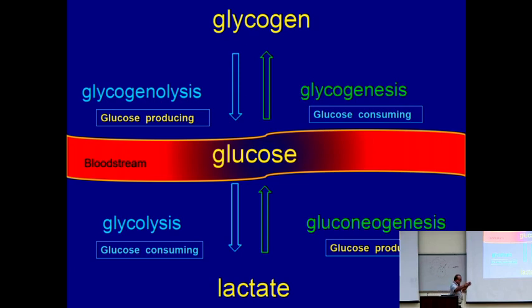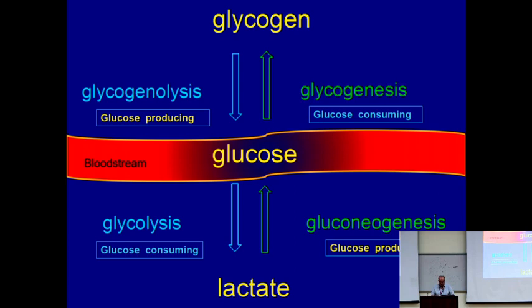Hormones are going to regulate many of the processes that contribute to the maintenance of blood glucose level. That glucose level in the blood is, you don't need to memorize it, but roughly it should be somewhere between 80 and 100 milligrams per deciliter. That's the normal sort of concentration.